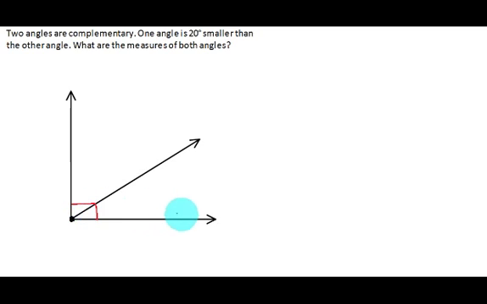So let's start labeling these angles real quick. I'm going to create some points here. I'm going to put 1, 2, and a third point. And this angle here, the smaller of the two angles, I'm going to call angle ABC.